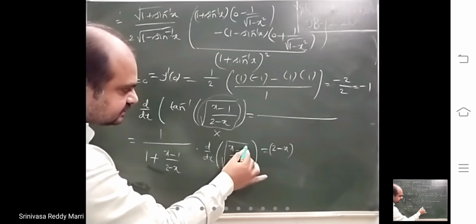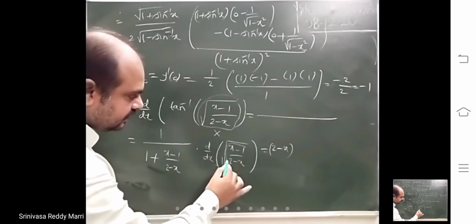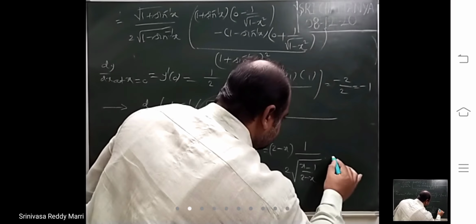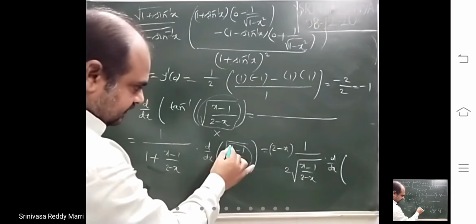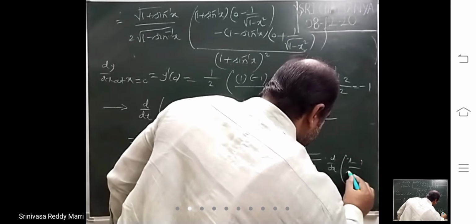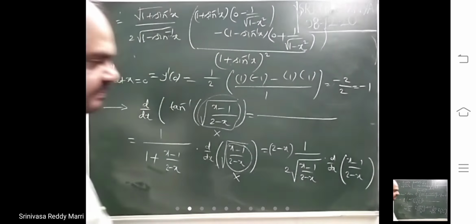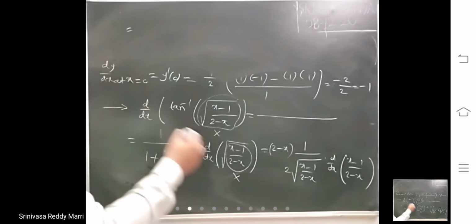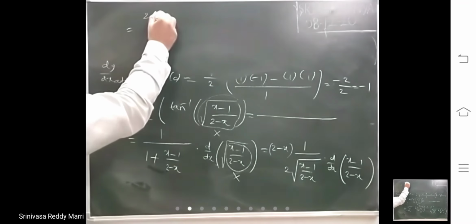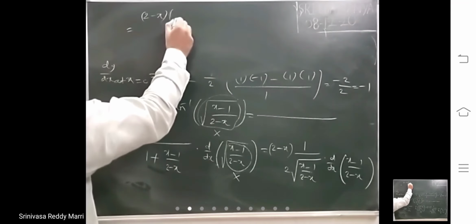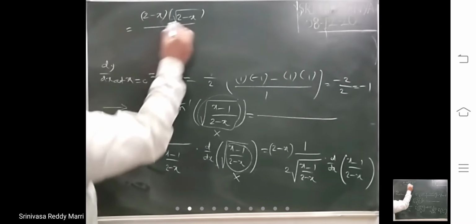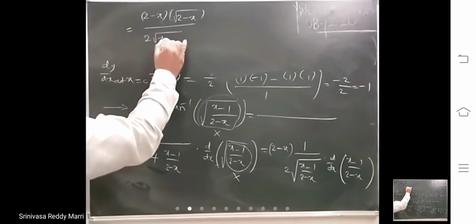Again, the derivative of this. This is of the form root x, that is 1 by 2 root x into again the derivative of capital X. So therefore, root of 2 minus x will come up, divided by, into.